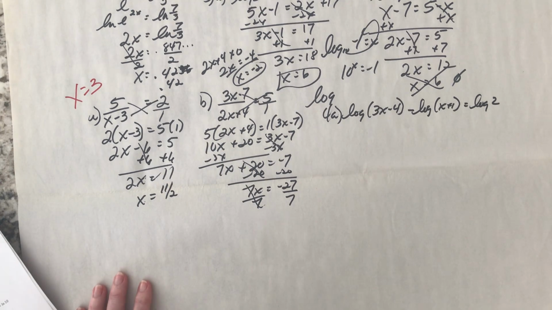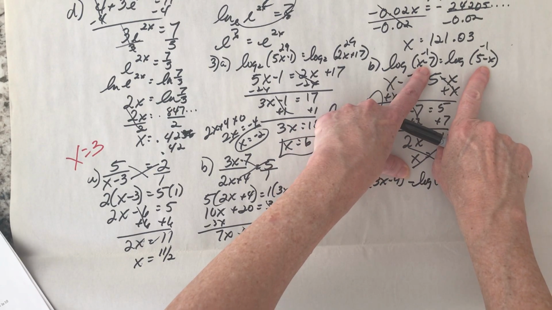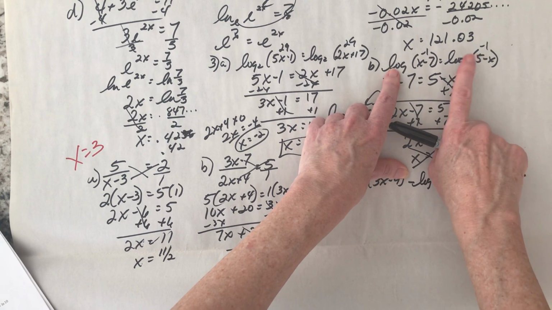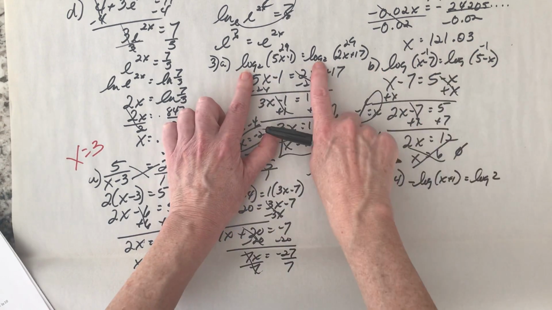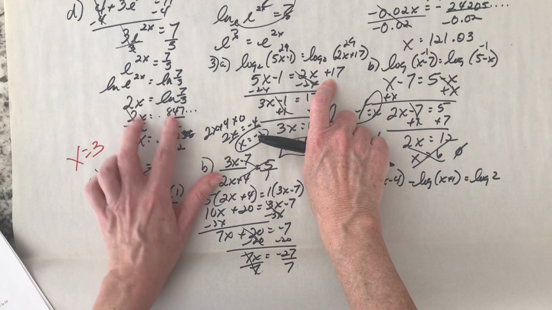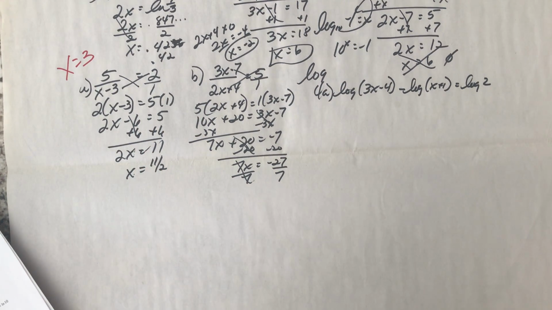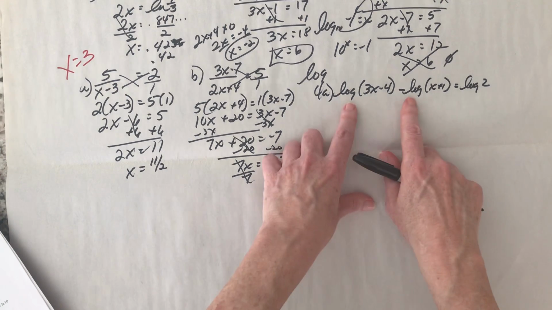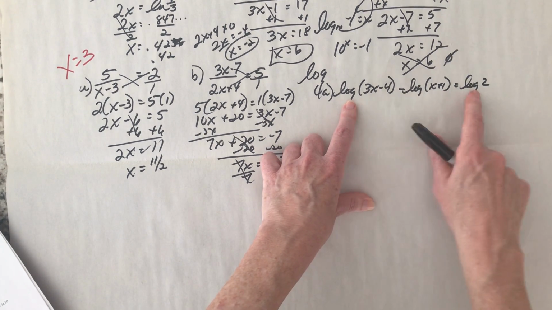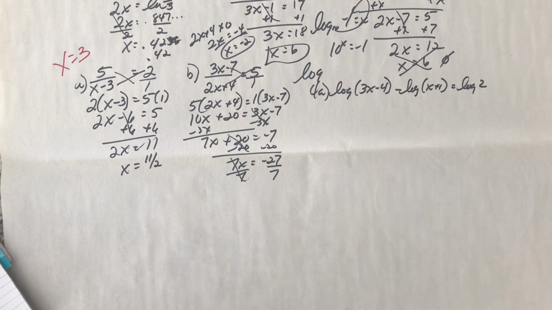So in the earlier problems, when we had both logs and we set these pieces equal to each other, we had one log and one log, so we could grab their terms. This is different from that. This has got a pair of logs on this side of the equal sign and only one there. That's not as flexible. We're not going to be able to do that.